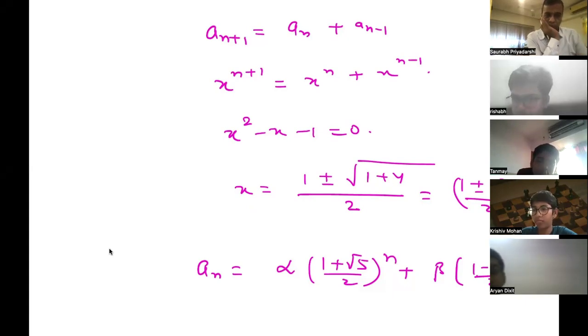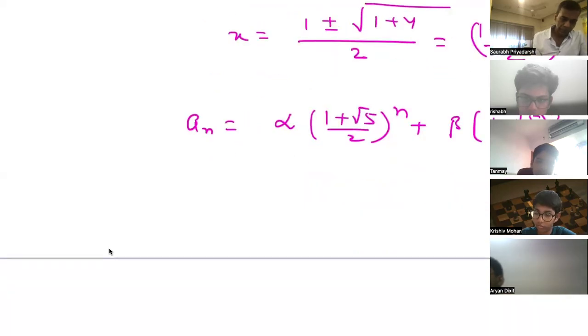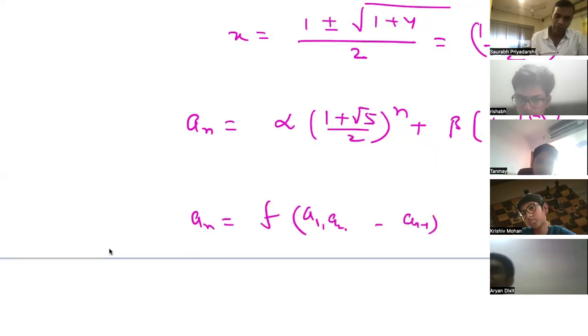Sir, why did we solve the expression in terms of x to the power n plus 1 equal to x to the power n plus x to the power n minus 1? This is called the recursion relation. A n is defined as a function of a1, a2, a3 up to a n minus 1, so this will repeat itself.